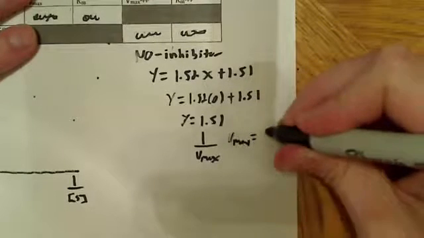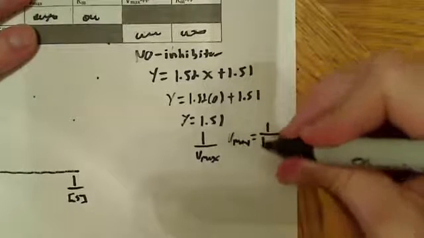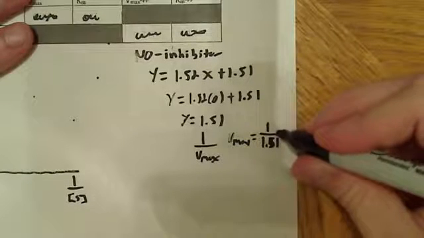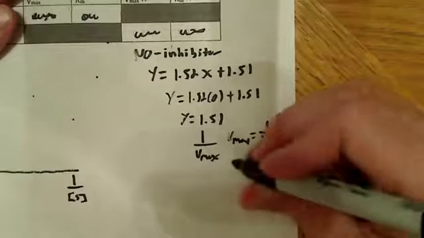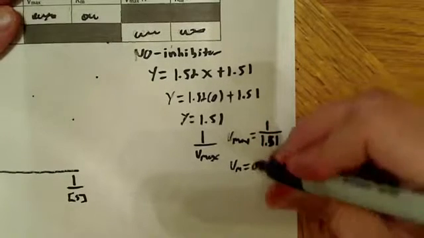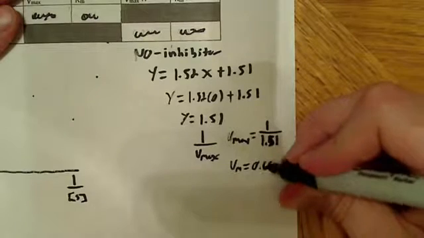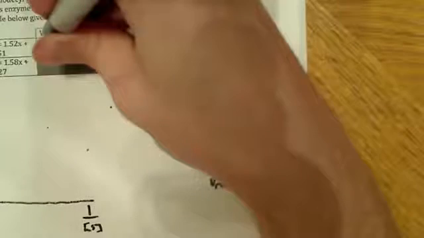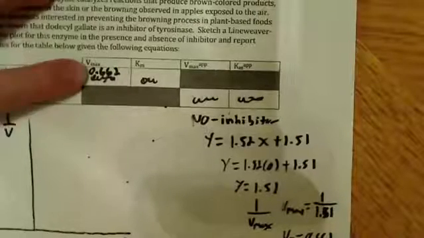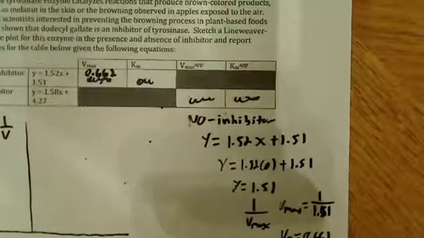If I do that, I get Vmax equal to 0.662. So up here under Vmax, I'm going to write 0.662. That's the Vmax for no inhibitor.